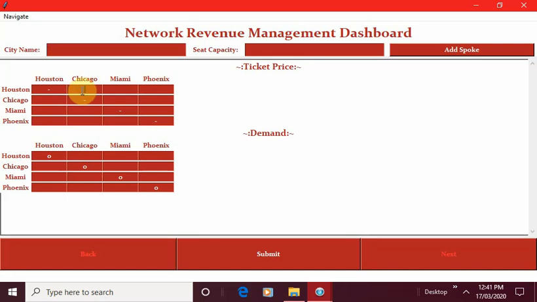Now enter the prices for the tickets for all of these, in dollars. These are the ticket prices for one way, for all the routes.